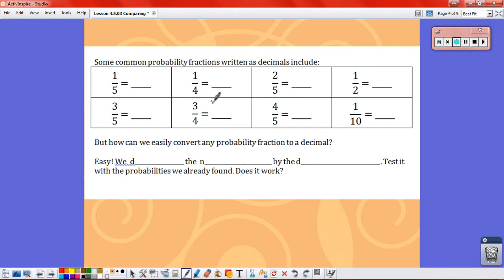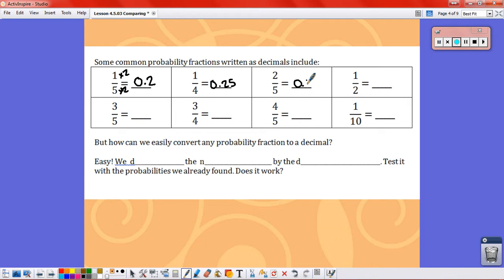We're going to look at some common probability fractions written as decimals, and going through the classroom, it's pretty easy to find kids who can just tell you, oh well, 1/5 is 0.2. We might go through the reminder of this is 2/10, so if I multiply by 2 on the top and the bottom, then I get 1 times 2 over 5 times 2 is 2 over 10. Then 1/4 is 25/100.